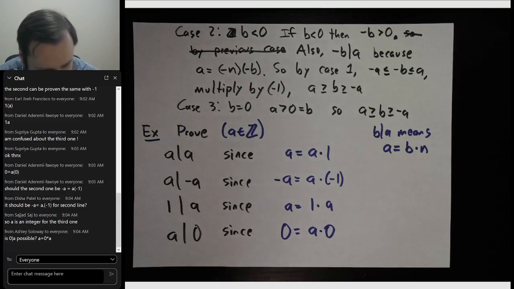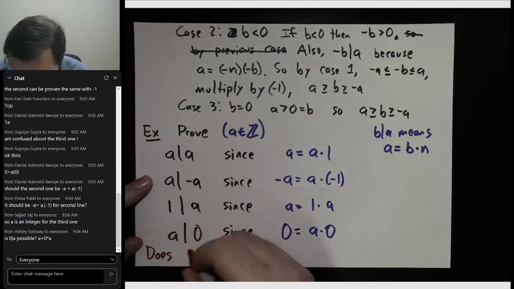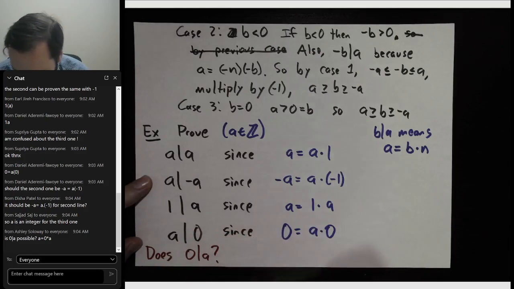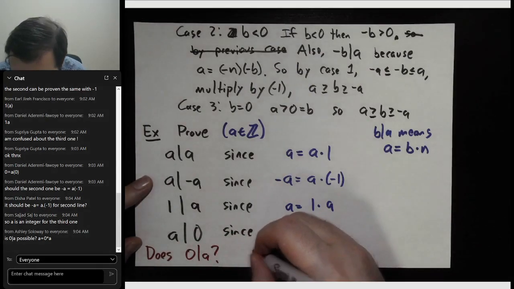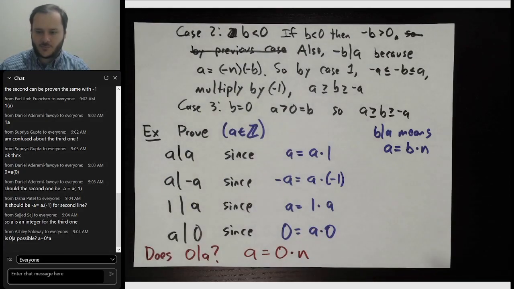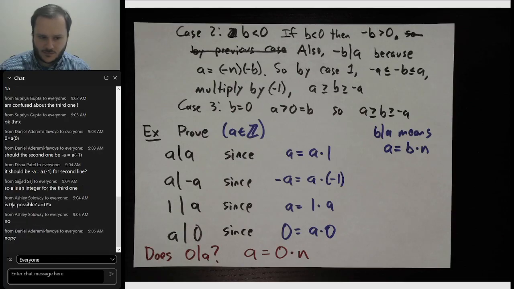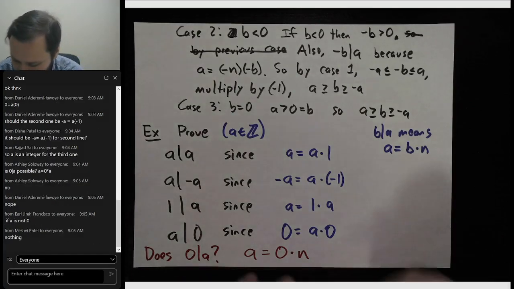Let's look at this. Does 0 divide a? What would this mean? It would mean a is equal to 0 times some number. Is there any number I can put in here that will make this true? Yeah.